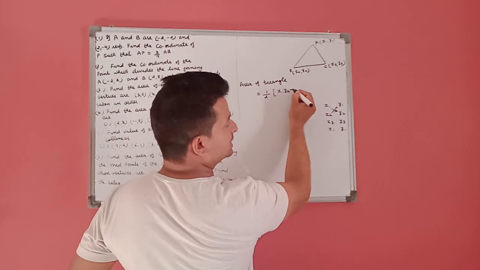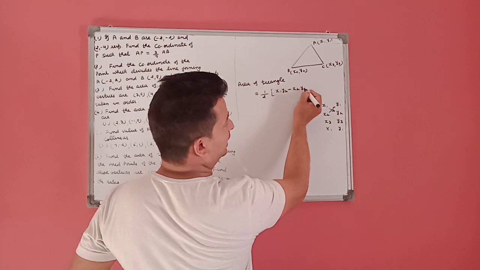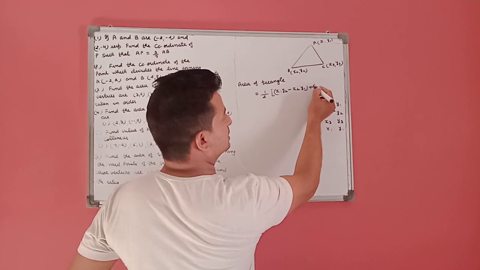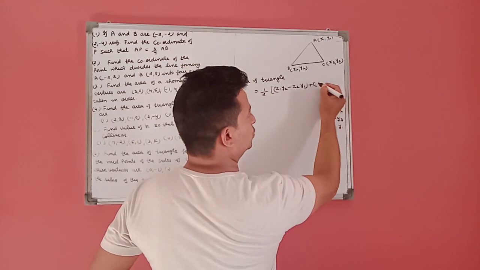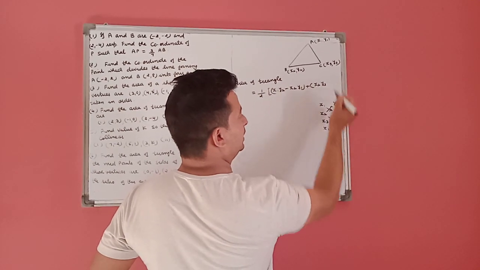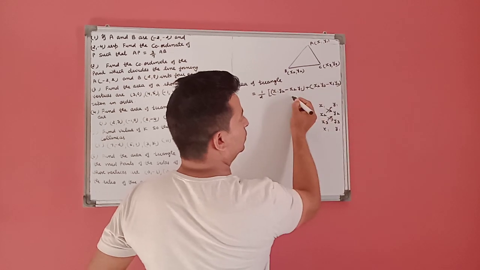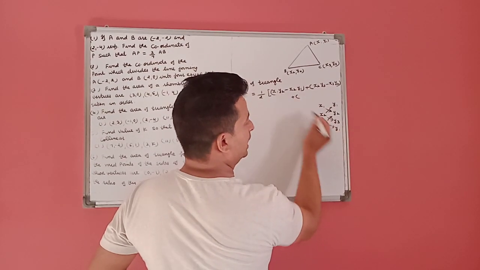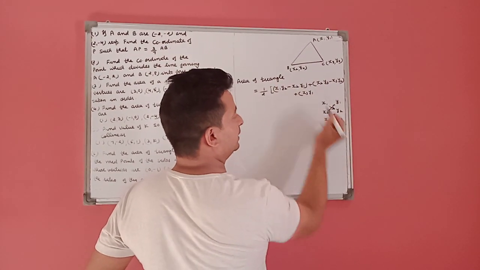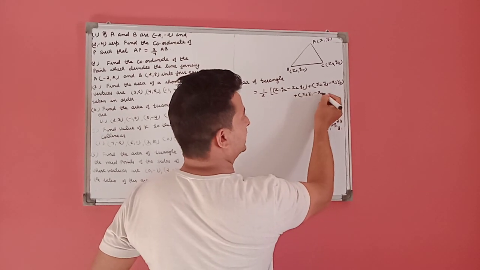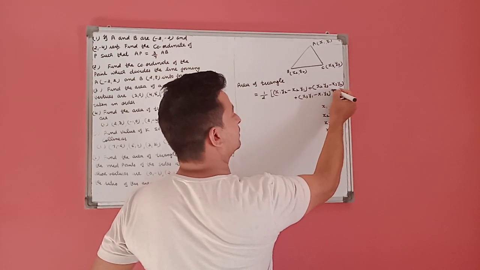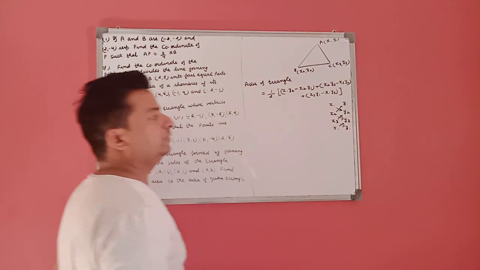Then in between the sign is negative, x2 y1, plus x2 y3. Then x3 y2, minus x3 y1, plus x1 y3. This is the formula for the area of a triangle.